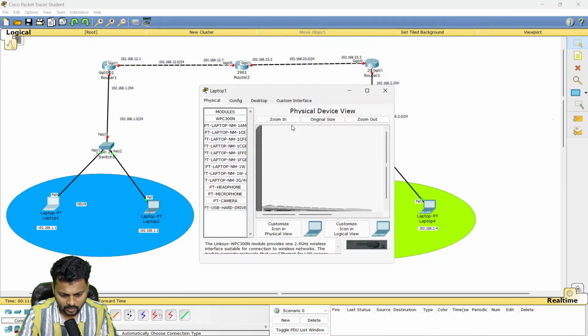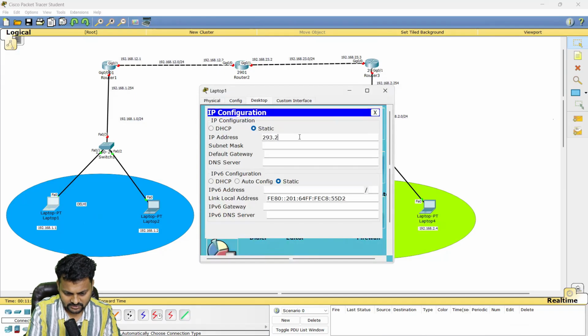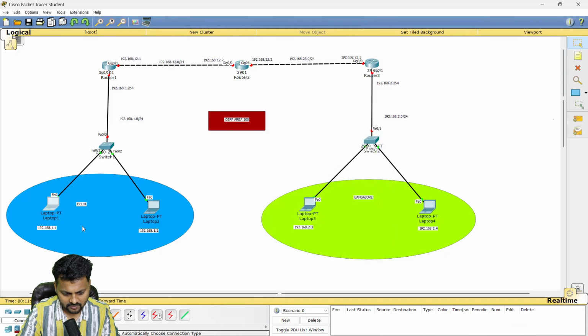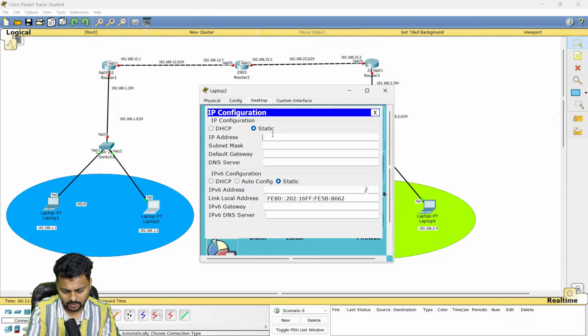I'll go to PC number 1 and start the configuration from here. Config, IP 101/24, and 1.254 will be the default gateway. Same thing for PC number 2, 1.2/24 and 1.254.